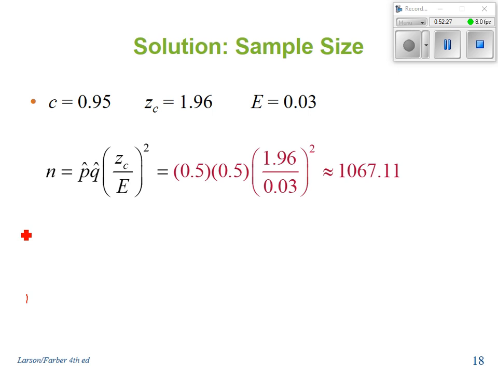Then take that number and multiply it by 0.5 and 0.5. So just hit times 0.5 times 0.5. Make sure you're not punching it in wrong. It's easy to mess it up.